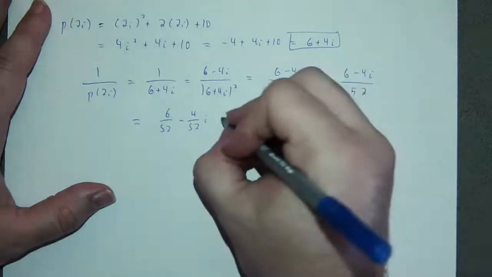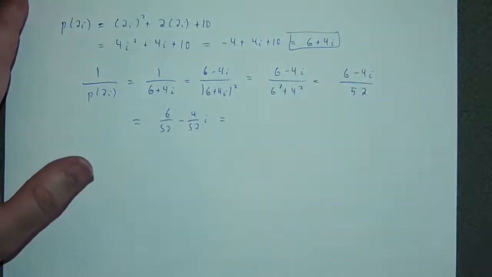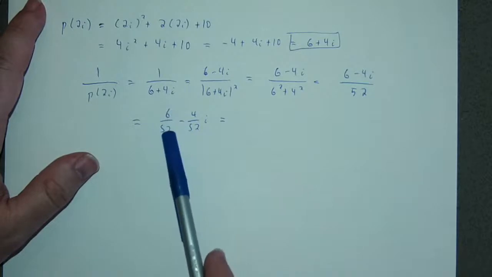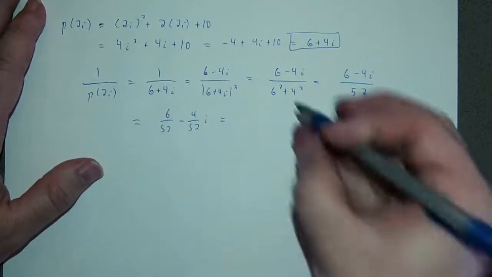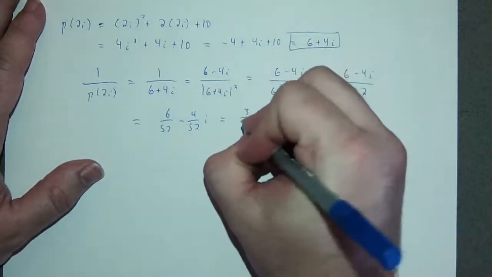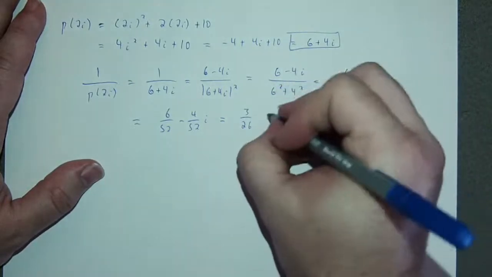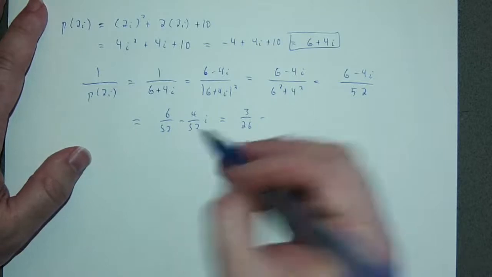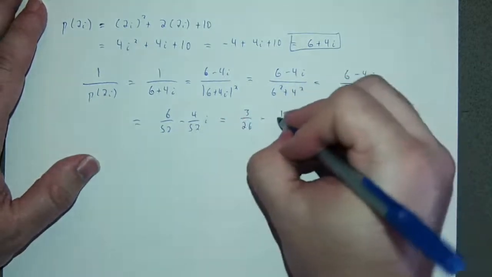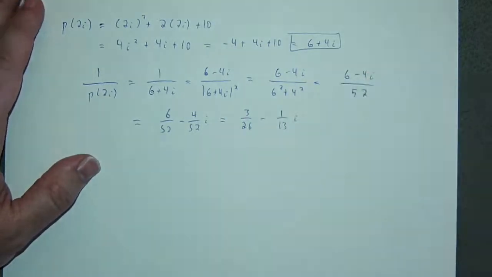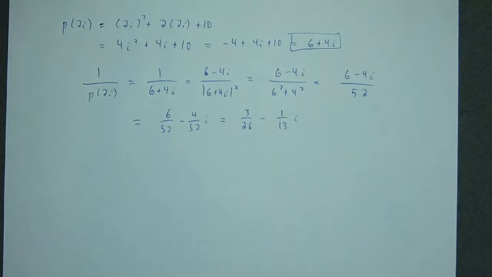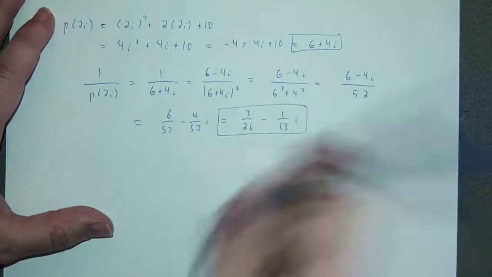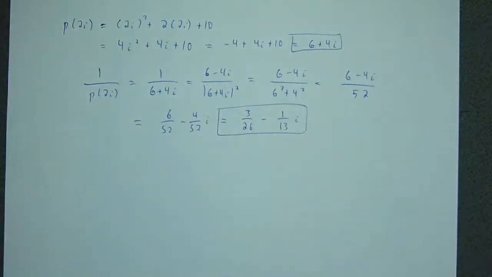If I reduce this slightly to make my headache not as bad, this is 2 times 3 over 2 times 26, so this is 3 over 26, minus, this is 2 times 2 over 2 times 26, this is 2 over 26, or 1 over 13. Okay, so that's what I get. So 1 over p of 2i is this.